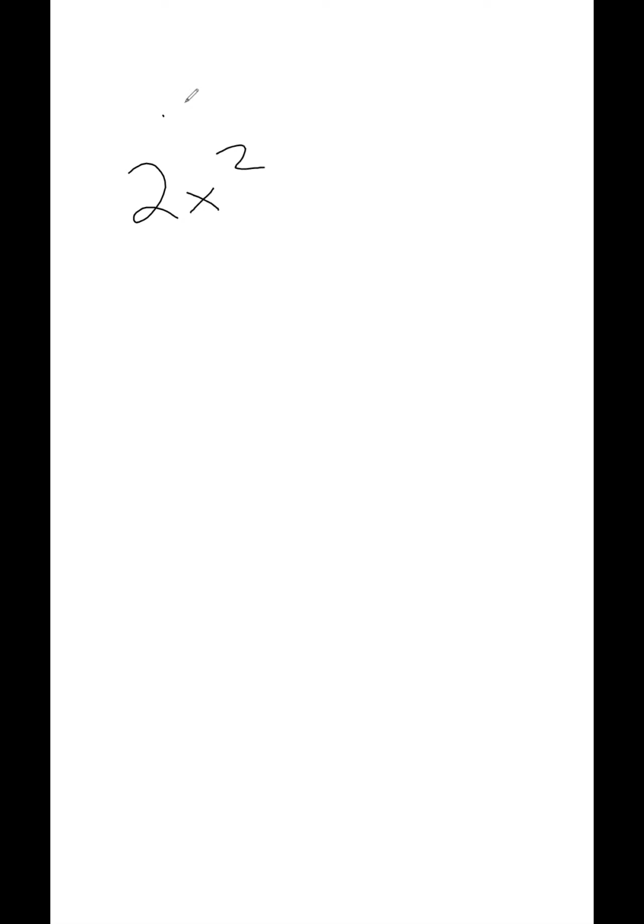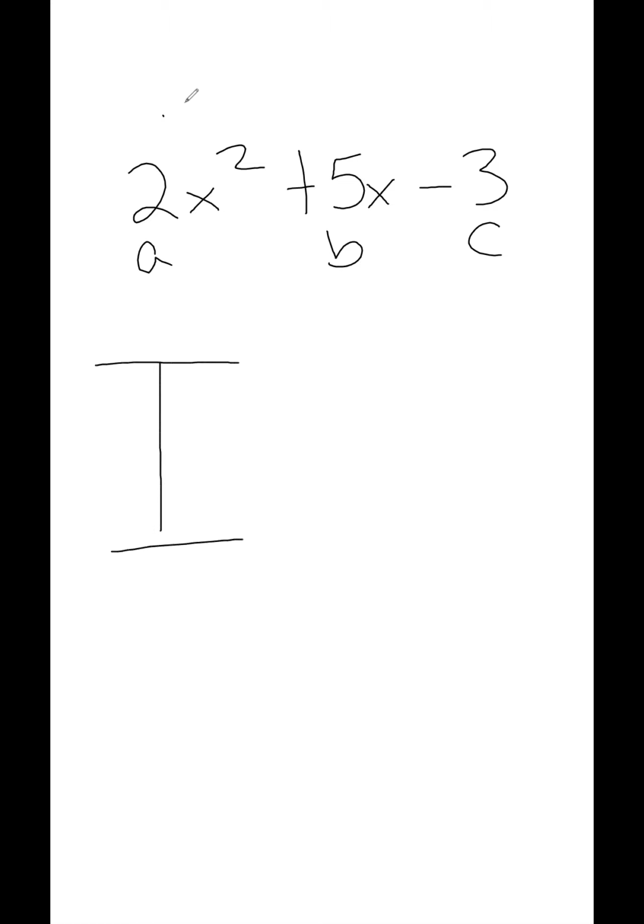2x squared plus 5x minus 3. All right, and I label A. You don't really need B too much, but we'll label them anyway. And then I do my eye chart. Remember, the top is A times C. A times C is -6.